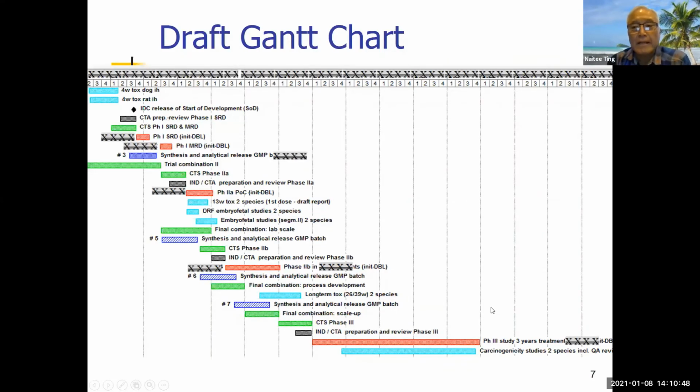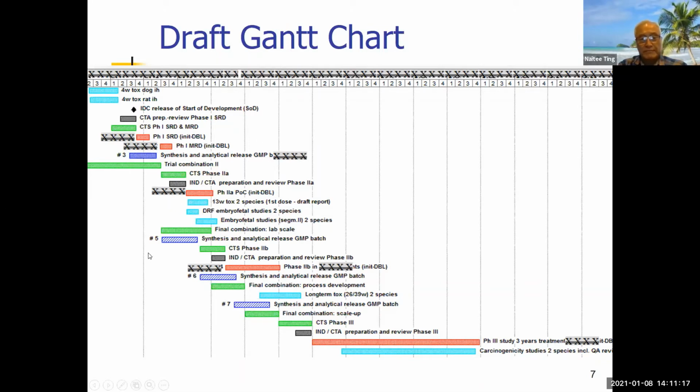Okay. Last time we were talking about the clinical development plan, and we're discussing this draft Gantt chart. The main thing is about the entire drug development process. Like I said, it may take 10 to 12 years, starting from what we call SOD, start of development, after the compound left the discovery lab.